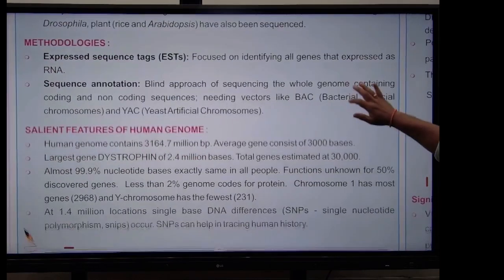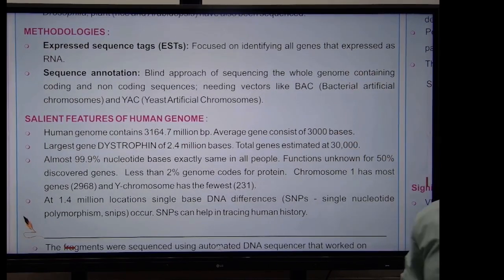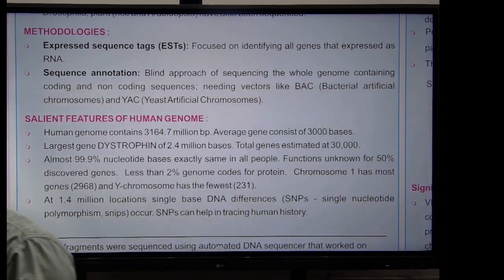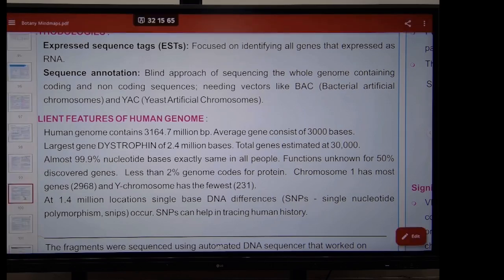Now, they've used 2 methods. One is the expressed sequence tags. What does it mean by expressed sequence tags? Identifying all the genes that are expressed as RNA, whether it is tRNA, mRNA, or rRNA. Every gene is focused. Second one, sequence annotation.